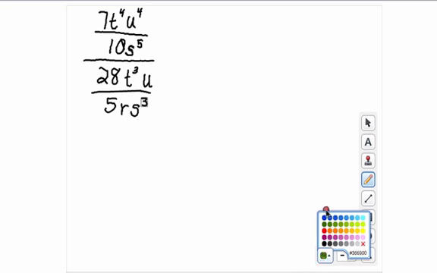Okay, so what we're going to do is rewrite this. We're going to take the numerator part and divide it by the denominator part, writing it horizontally instead of this vertical configuration.